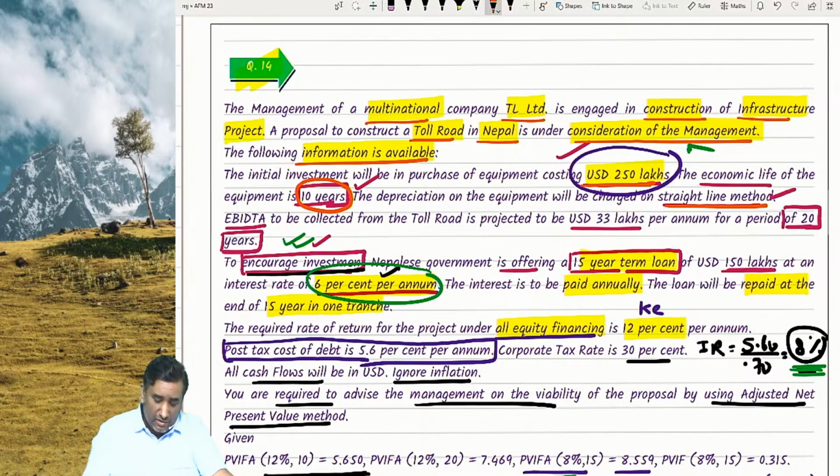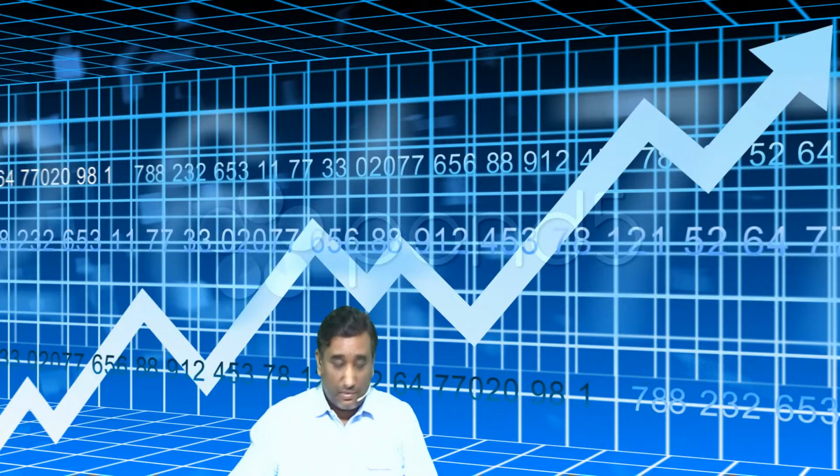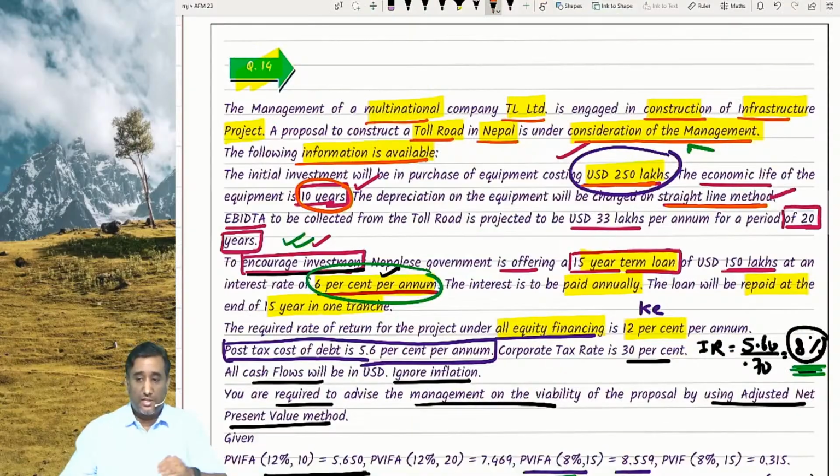EBITDA, earnings before interest. How do we write it? EBITDA is okay. Earnings before interest, tax, depreciation. How do I write EBITDA? Just wait. Just Google the spelling, or you see?